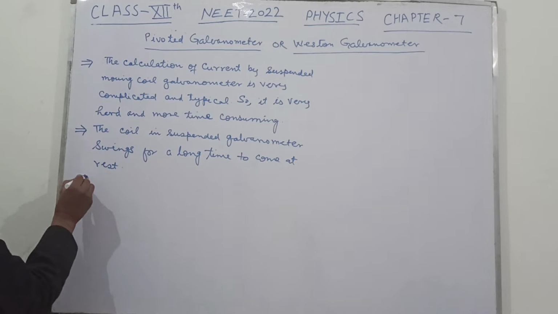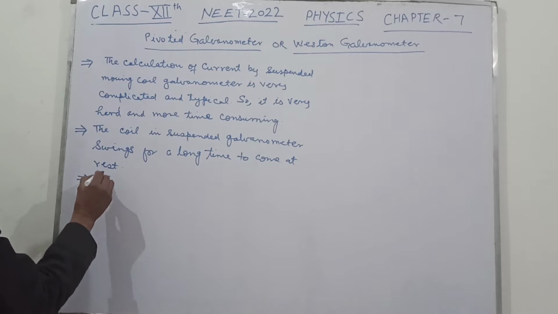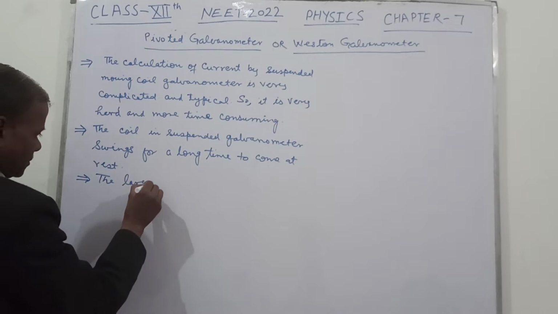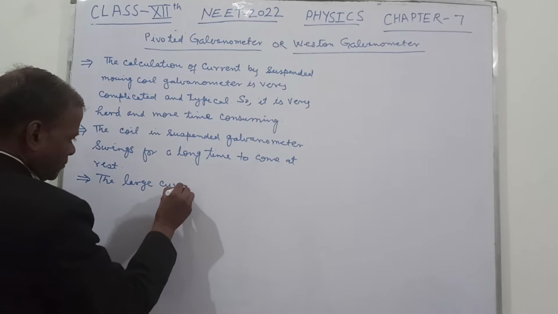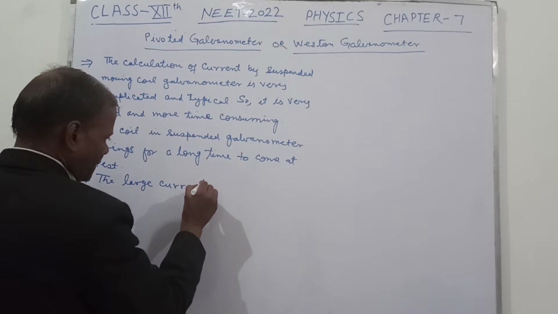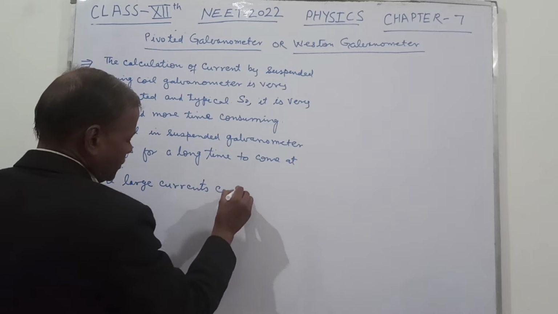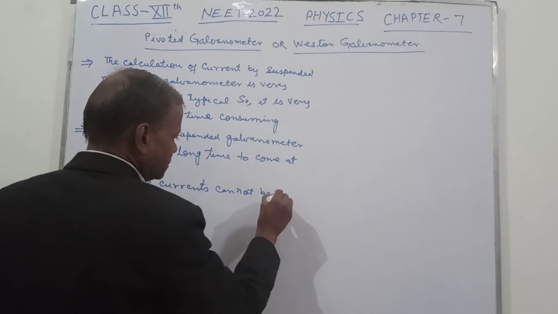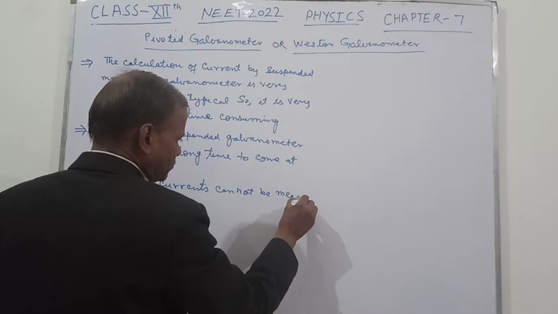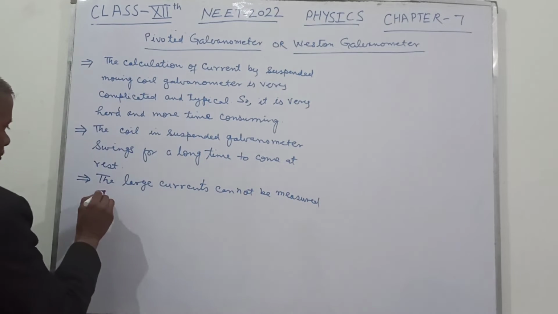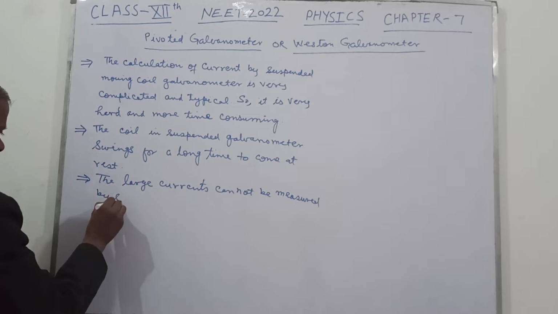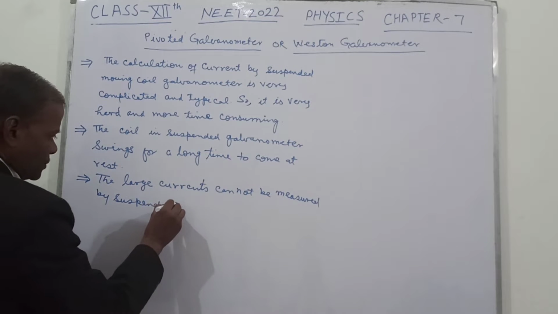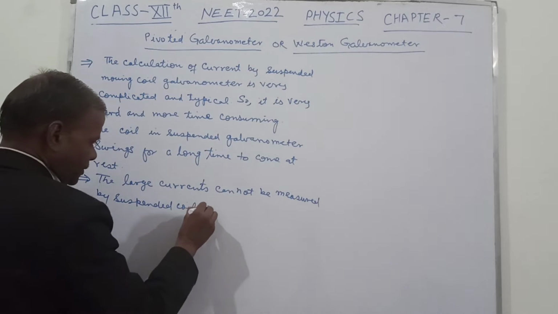Second is the large currents cannot be measured by the suspended coil galvanometer.